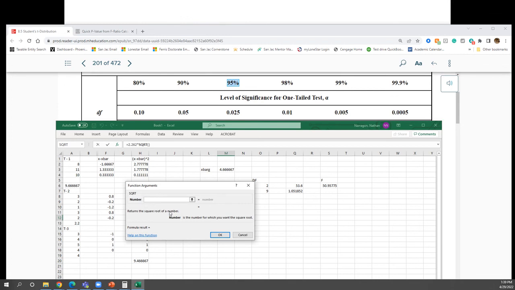And the number itself is going to be our MSE, which is this number, since we already have the table, multiply by 1 divided by our number of observations in treatment 1, which is 3, plus 1 divided by the number of observations in treatment 2.